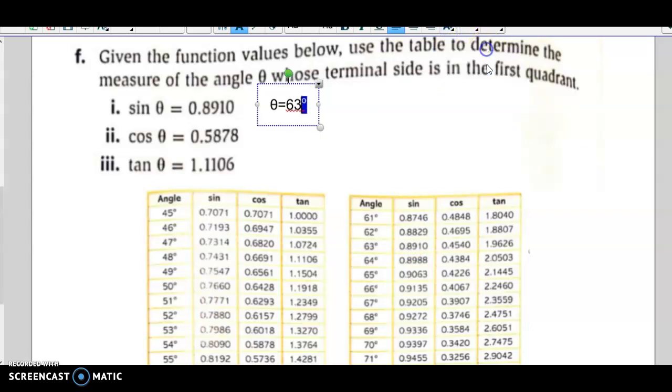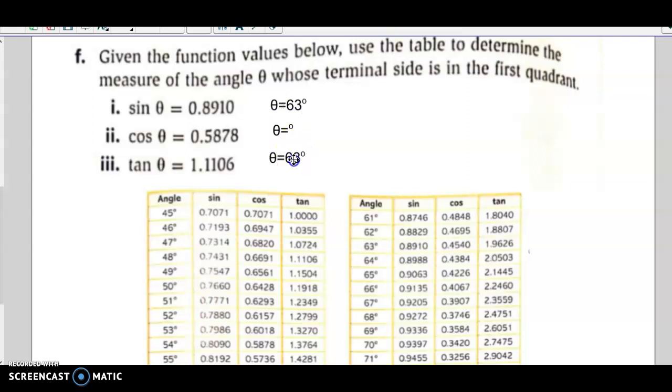It's important that it's in degrees here. That's how the answers look for all these. All the answers are going to be an angle measure.